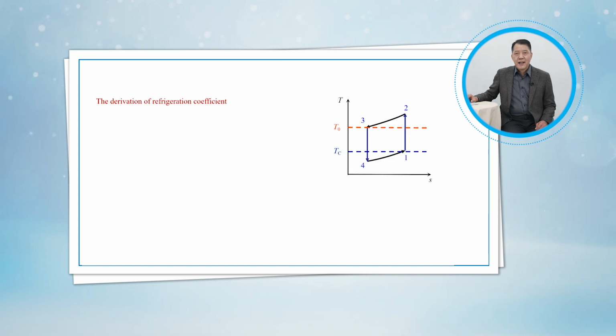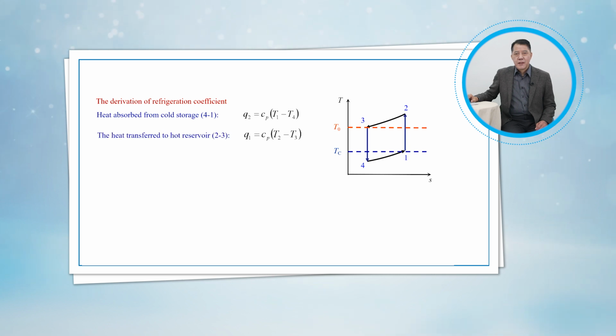We now analyze the refrigeration coefficient for a gas refrigeration cycle. The heat absorbed isobarically from the cold refrigerated space is. The heat transferred isobarically to the warm environment is.